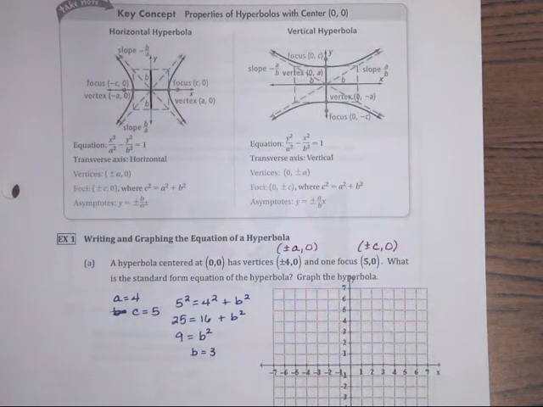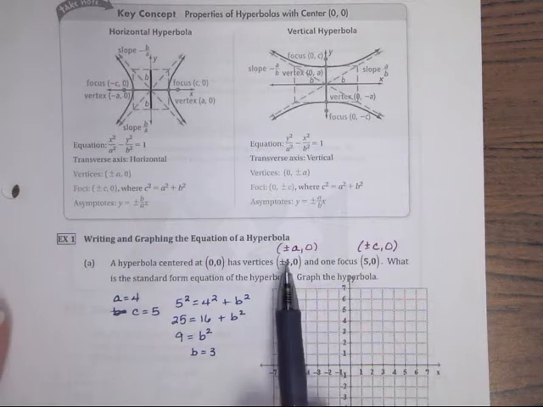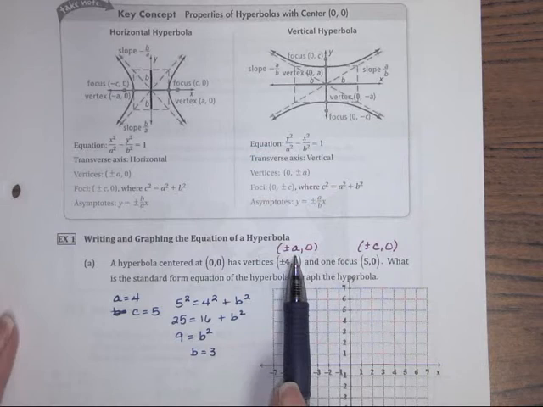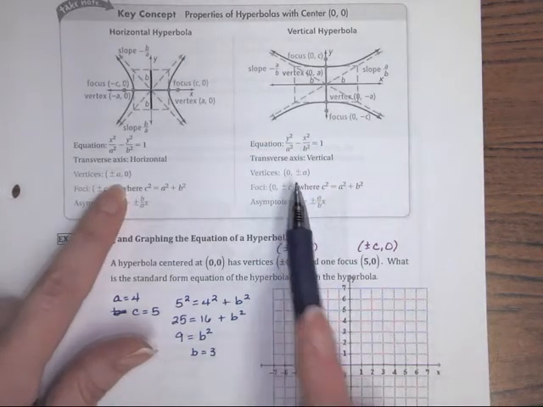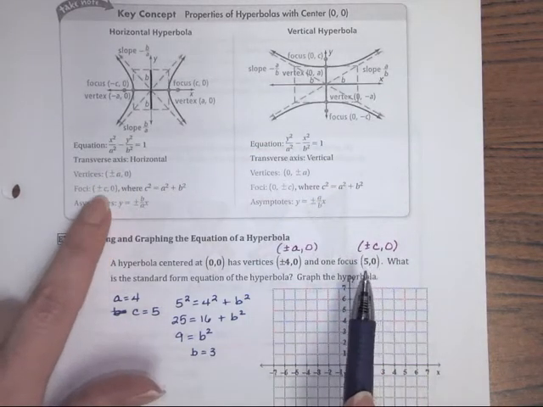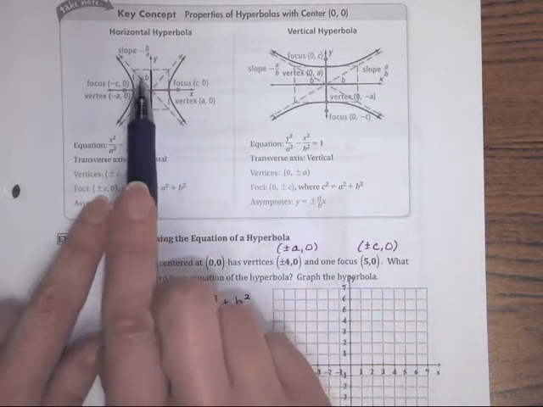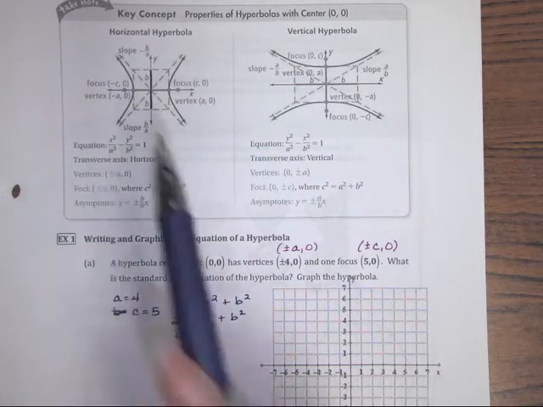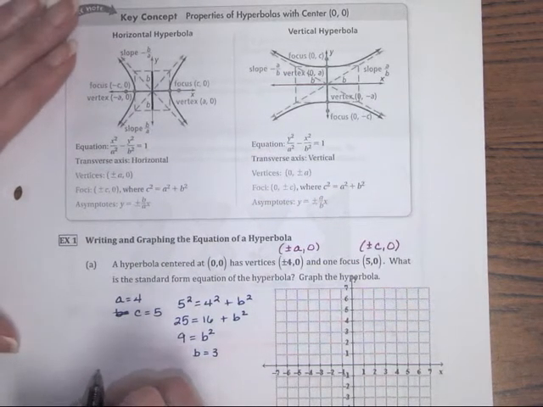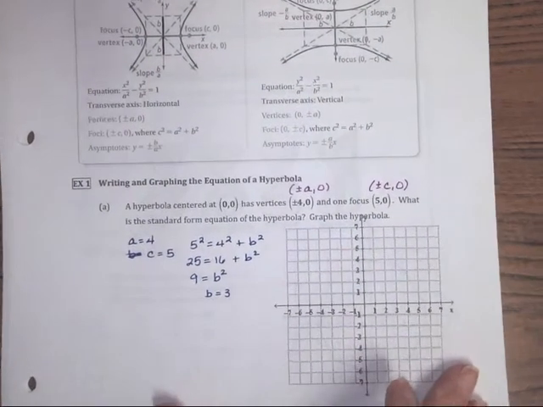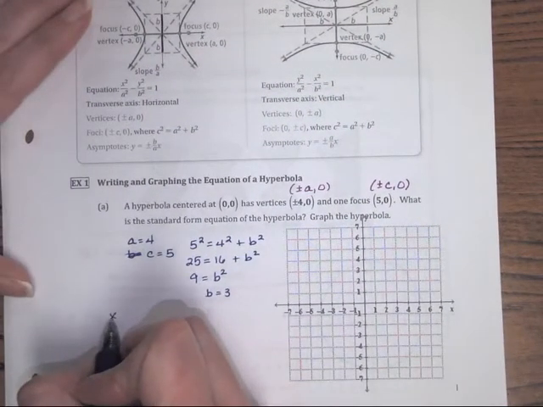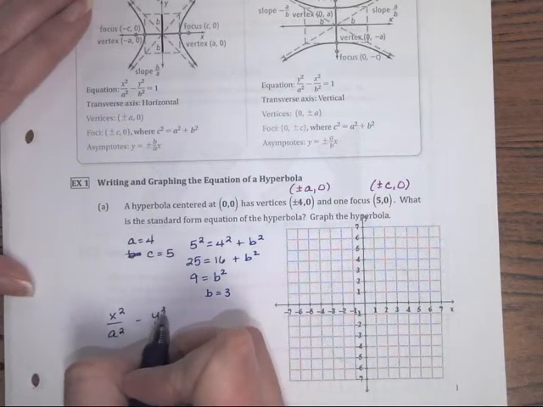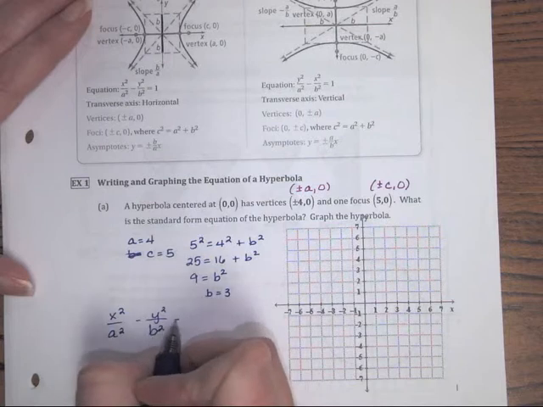We needed that. Now, would you agree that because our vertices are in this format and not this format, and because our focus is in this format and not this format, that we have a horizontal hyperbola? Okay? So our equation is going to be X squared over A squared minus Y squared over B squared equals 1.